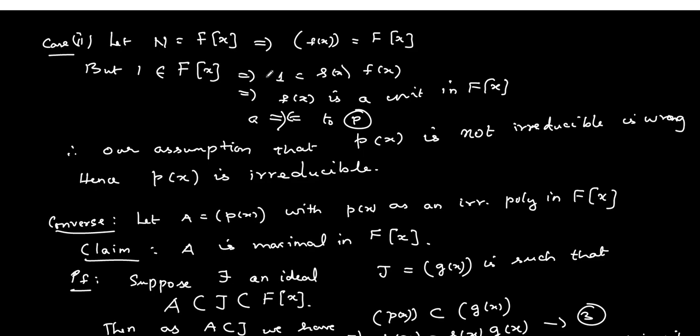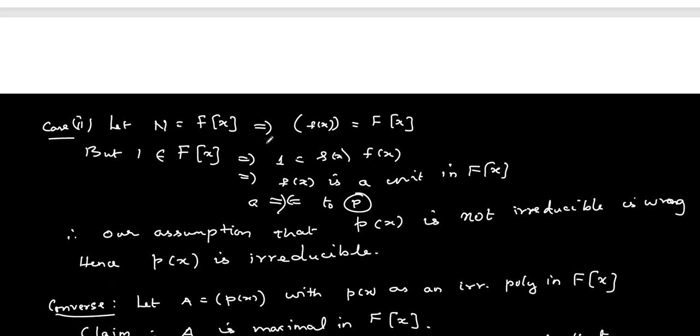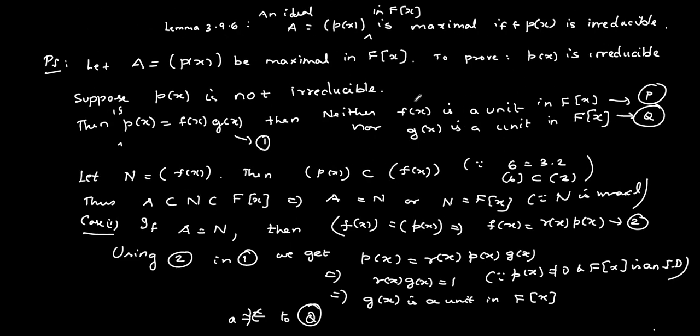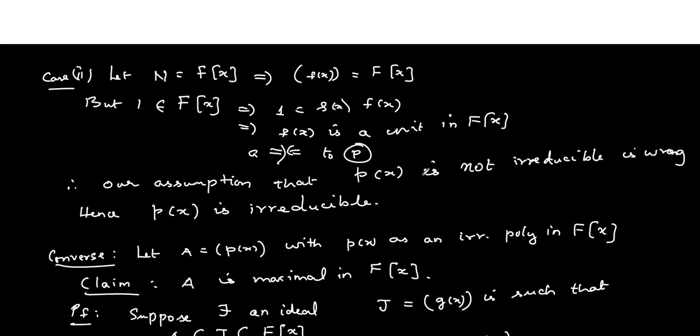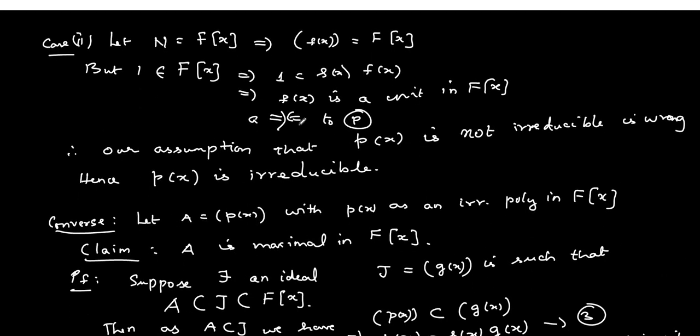That is, this is a unit. But we said already in statement p that neither f of x nor g of x is a unit. So we get a contradiction to statement p. First we had a contradiction to statement q, now a contradiction to p. Therefore our assumption that p of x is not irreducible is wrong. So the conclusion is p of x must be irreducible.